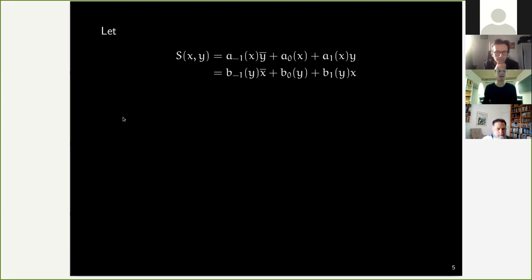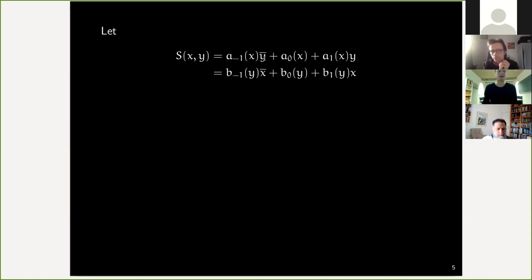So to define the first quantity, let's have a look at the step polynomial, which encodes the step set. So y bar and x bar denote y to the -1 and x to the -1 for notational convenience.